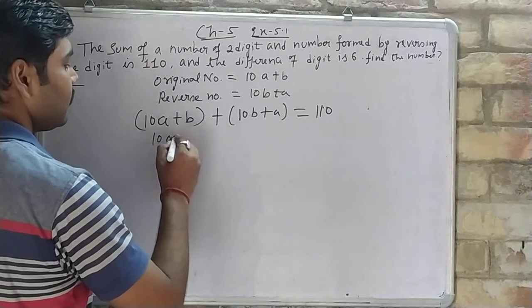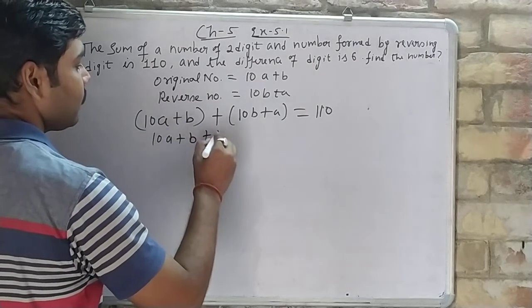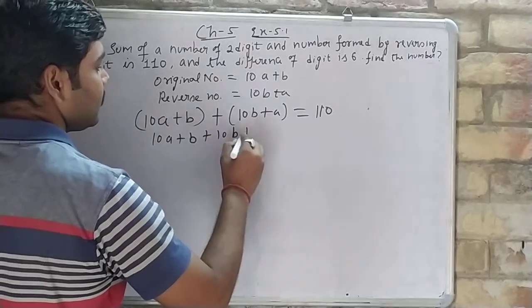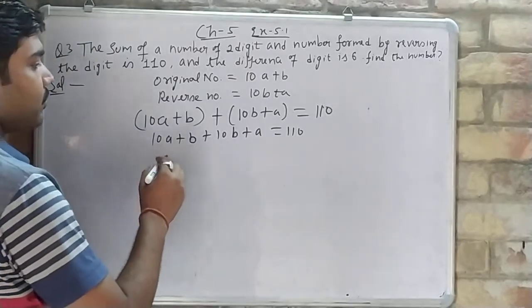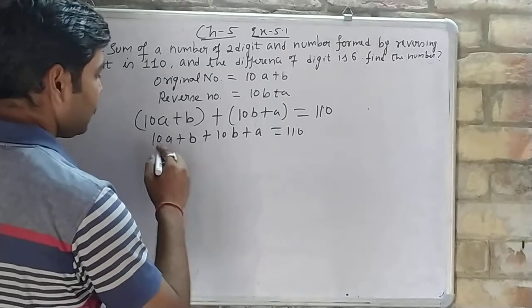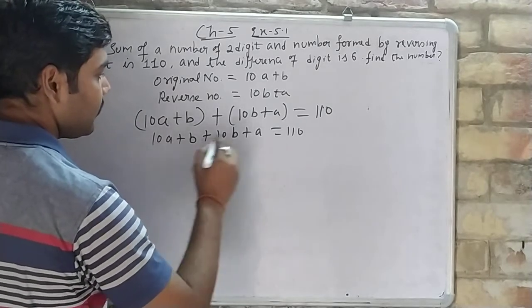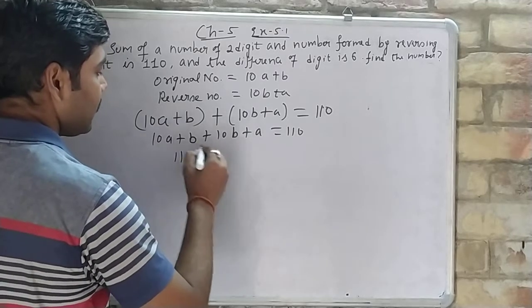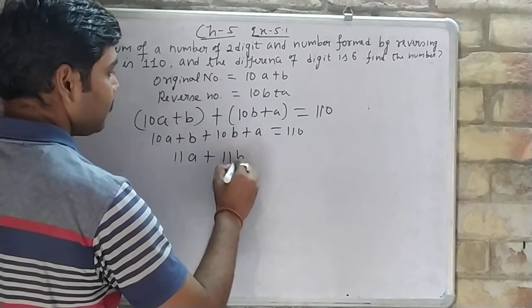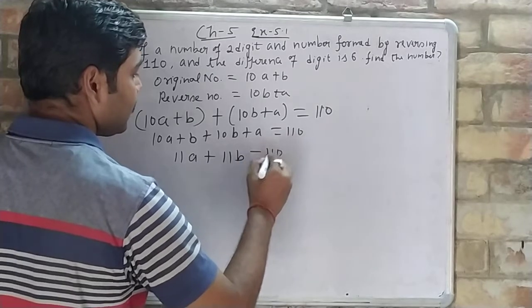When we open the brackets and solve, we see that 10a plus a will give 11a, and 10b plus b will give 11b, equals 110.